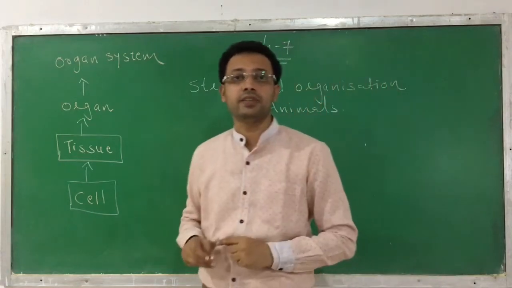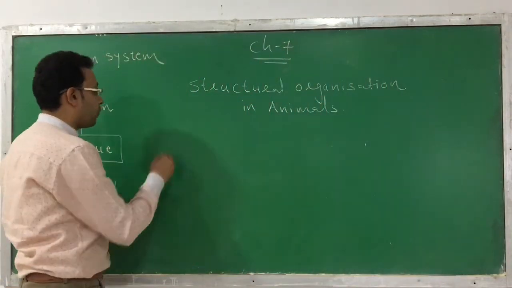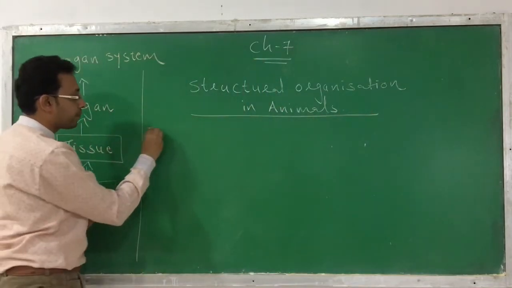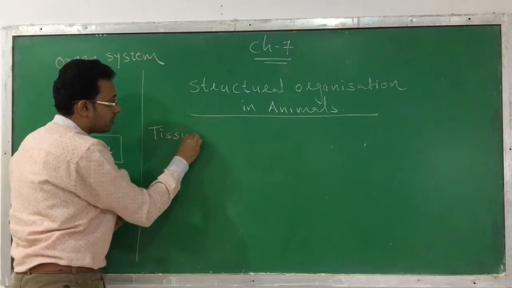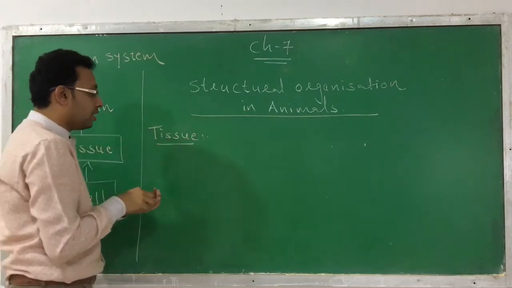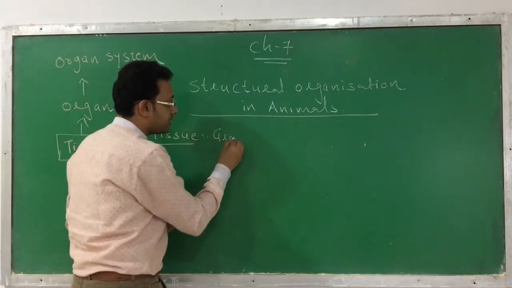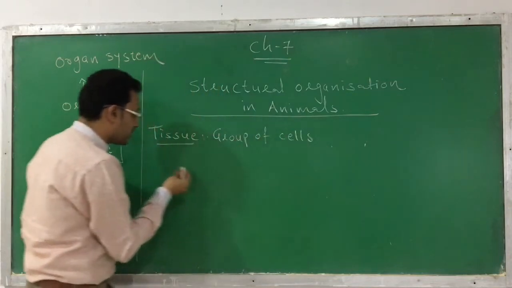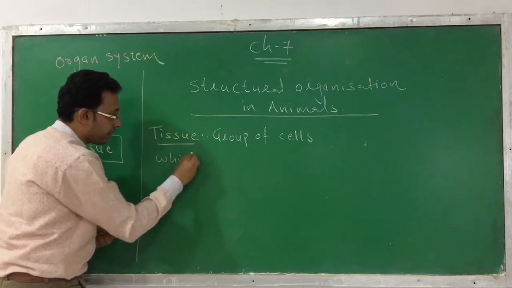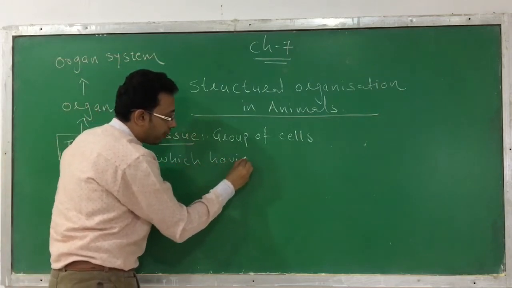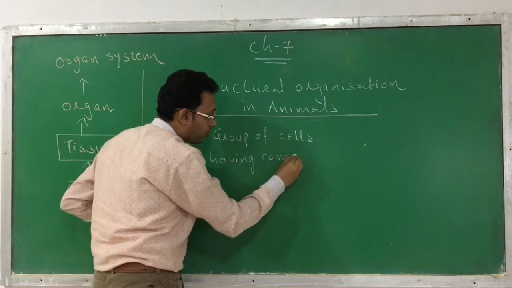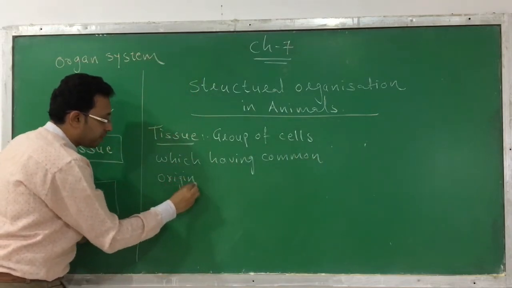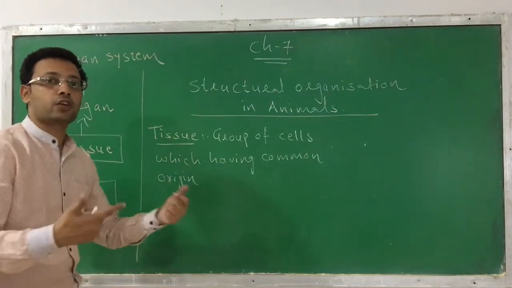So let us first start with the definition of a tissue. What is called a tissue? Tissue means it is a group of cells which have a common origin, meaning they arise from a single type of cell, because you know that we are diploblastic or triploblastic.